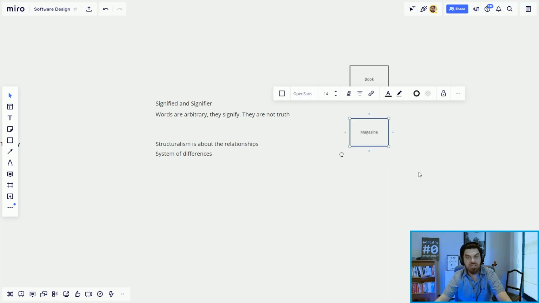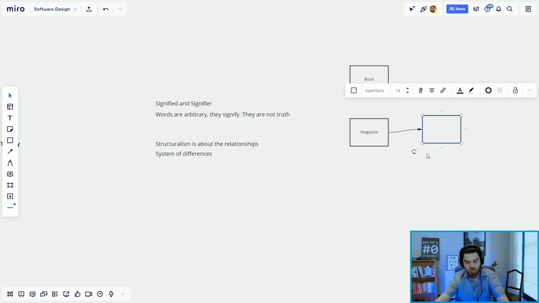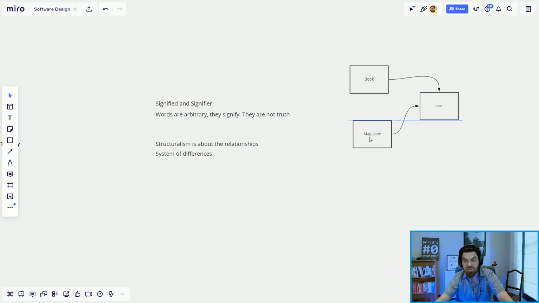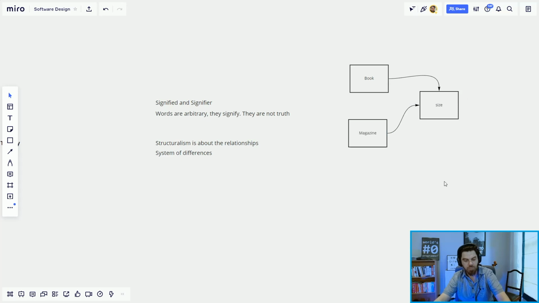Maybe the magazine is a set size. Maybe the dimensions of the magazine have to be within a range. But all of these attributes that we put onto it create other kinds of qualities. So if I say size, well, this refers to it, if I think that size is the main issue between a book and a magazine, of course. But there are many things that formulate this relationship.